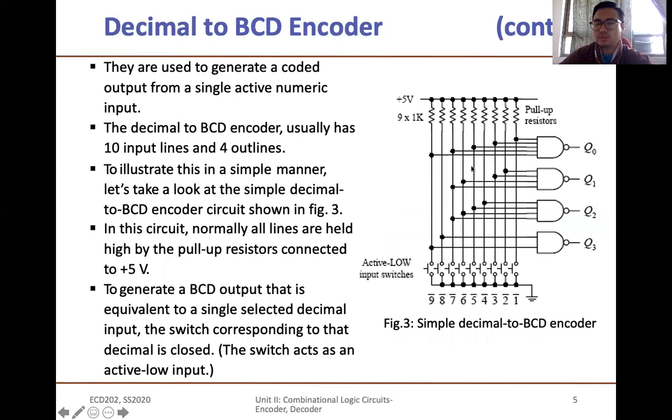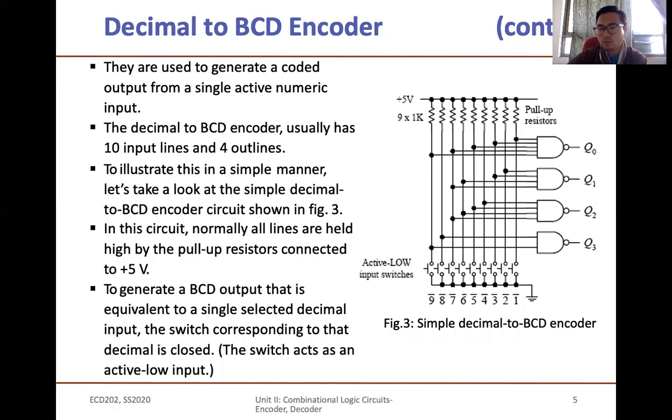Now, this figure shows the simple decimal to BCD encoder, where you have 4 outputs, Q0, Q1, Q2, and Q3, and you have 10 inputs: 1, 2, 3, 4, 5, 6, 7, 8, 9, and you have 0.